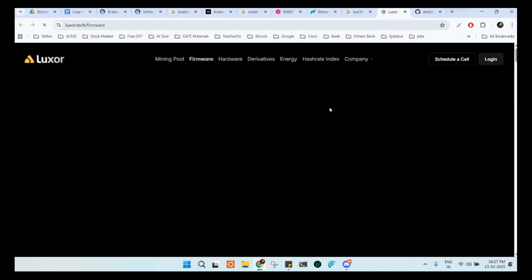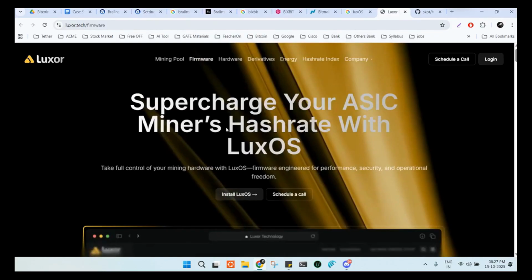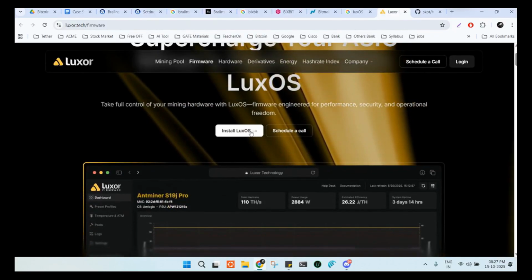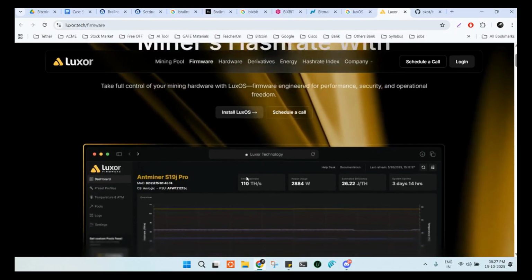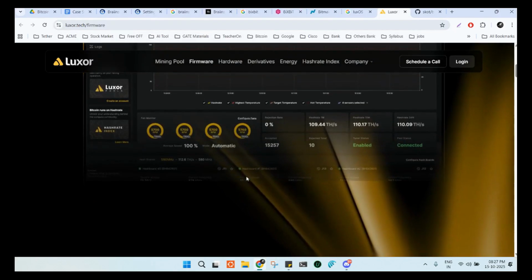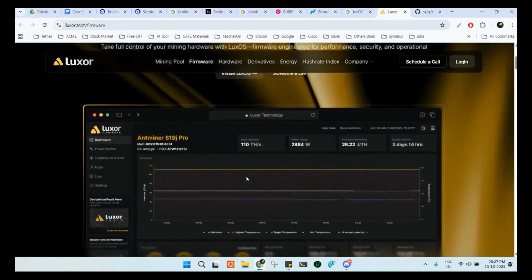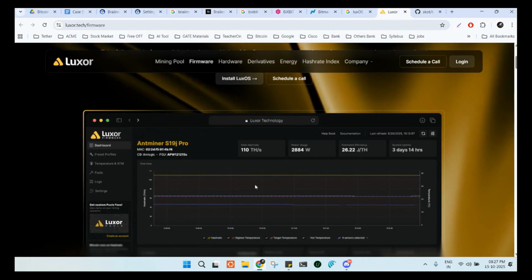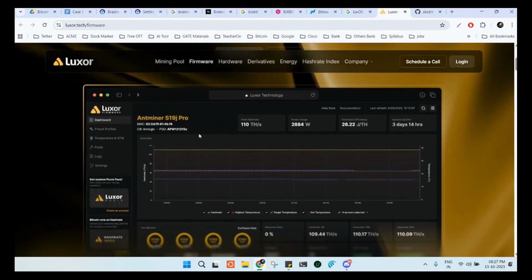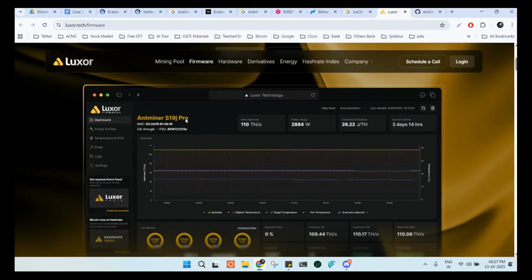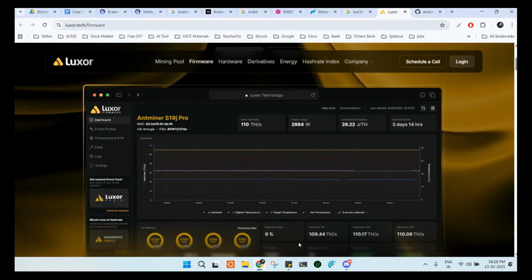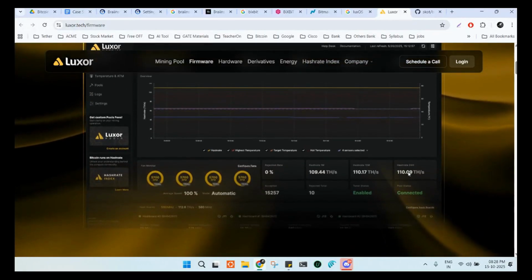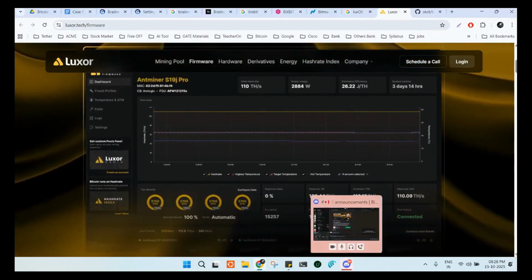So you might be thinking, can I install it directly? Yes, you can just install it. You might also be thinking, these are all free, so how are these guys earning? So this is this type of software. Once you install this in your S19J Pro, and connect that device to your laptop, using that IP you will get this type of interface.